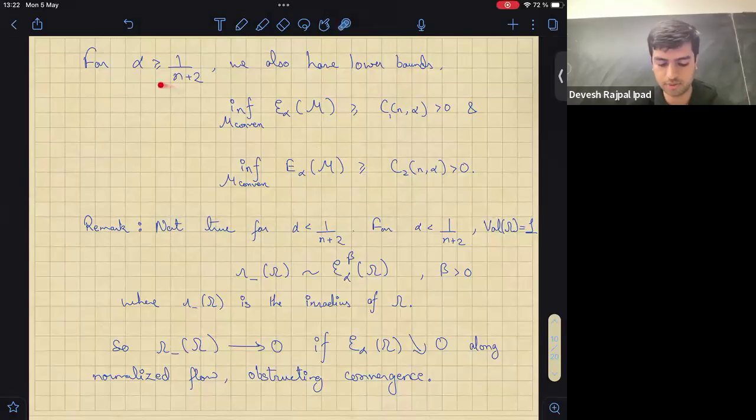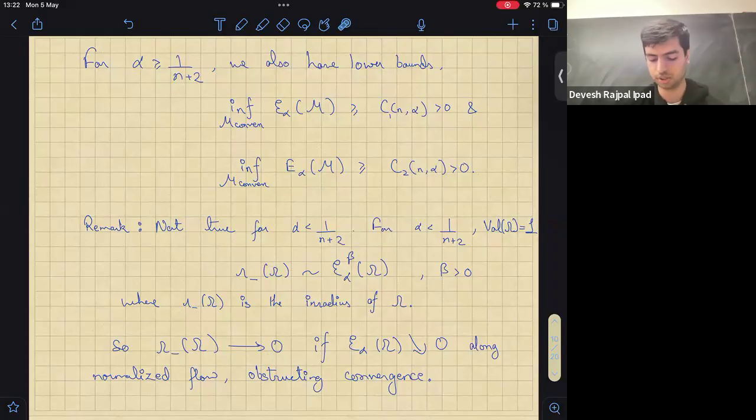These entropies are decreasing, but they can't decrease to 0. So the infimum of E alpha of M over all convex hypersurfaces is bounded below by a dimensional constant. And the same is true for Gaussian entropy as well.